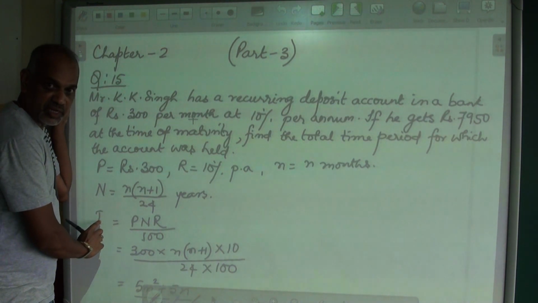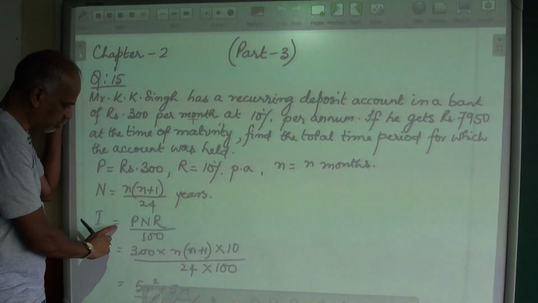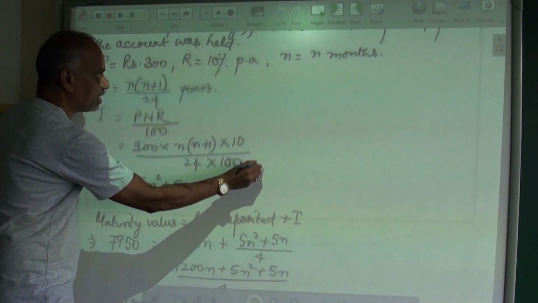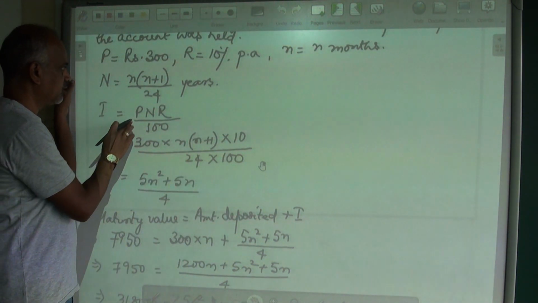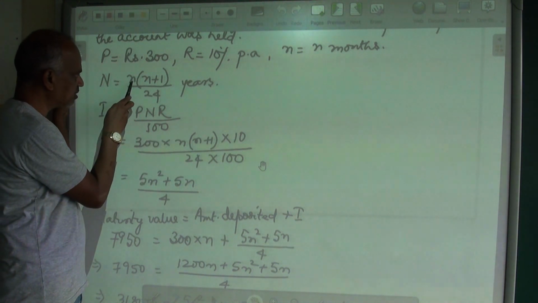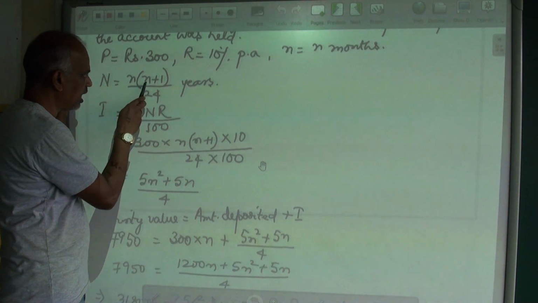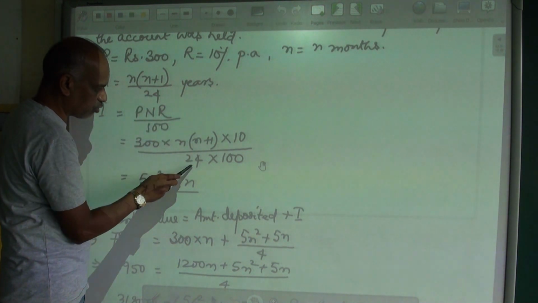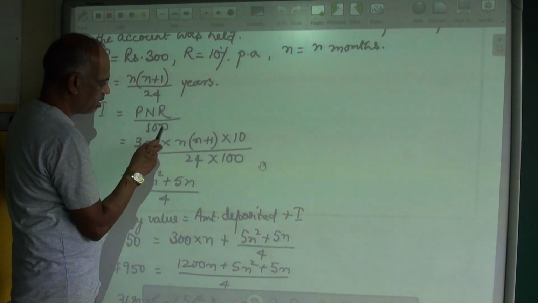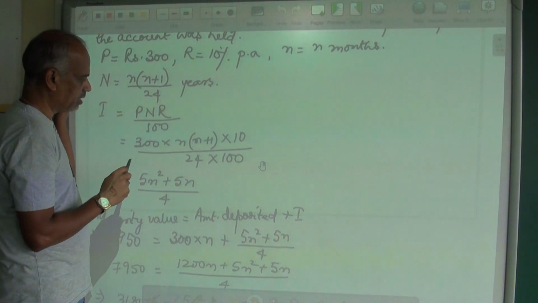The next calculation that you have to do is find interest. I is equal to PNR by 100. Principal is 300, into capital N value, small n times n plus 1 divided by 24, into rate 10 by 100.